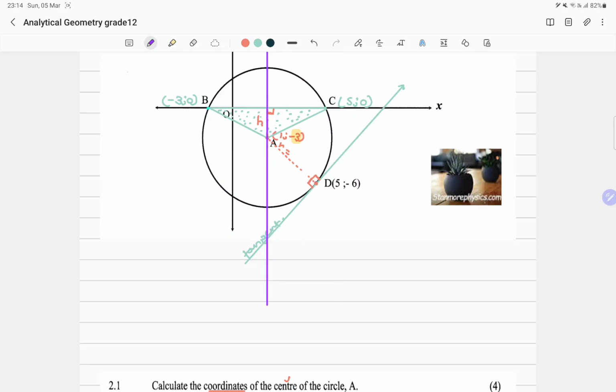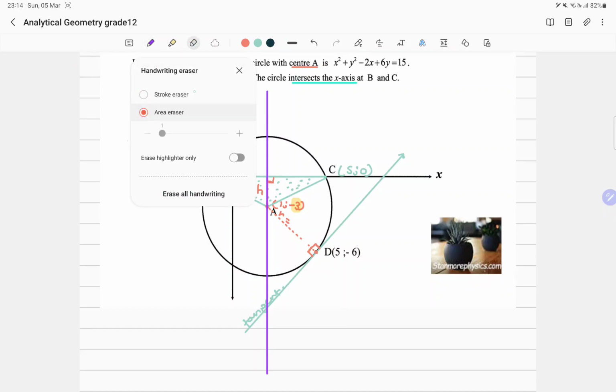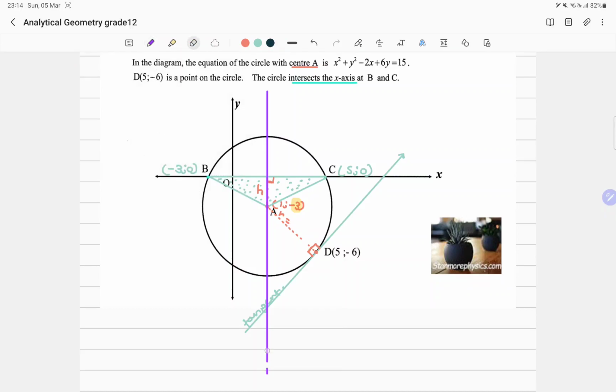Alright guys, so I'm just extending this line so that it can give us some working space. So we can just break this line apart, such that it's not really a real line, but it's just our way of getting stuff done.